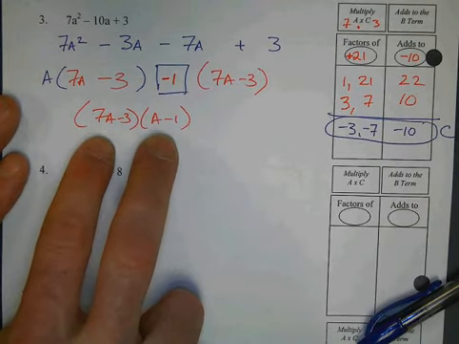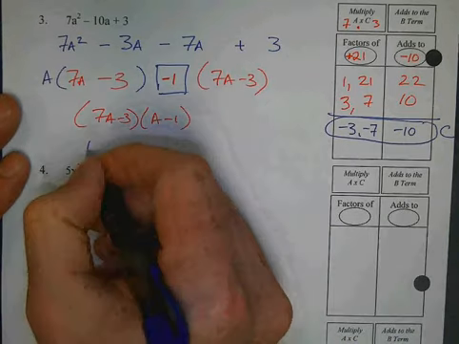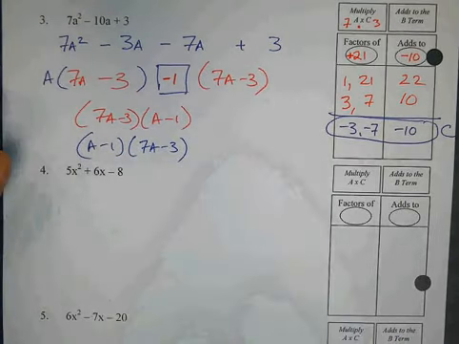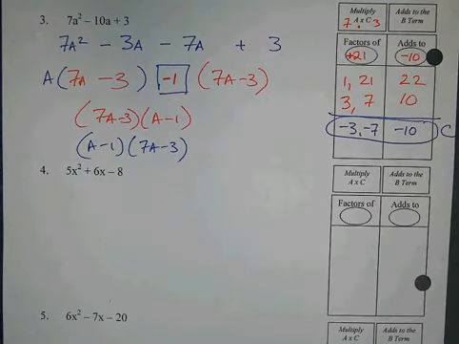Could I have written a minus 1, 7a minus 3? Is either correct? Yeah. So if you get one on the answer key and I have the other one, realize that they're both correct. Don't stress about it. Now, what isn't correct is if you have 7a minus 1 and a minus 3. That's not correct. So just pay attention to that one.